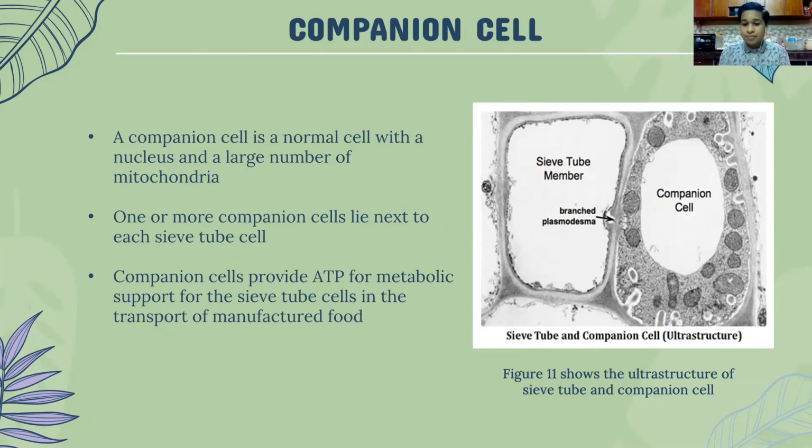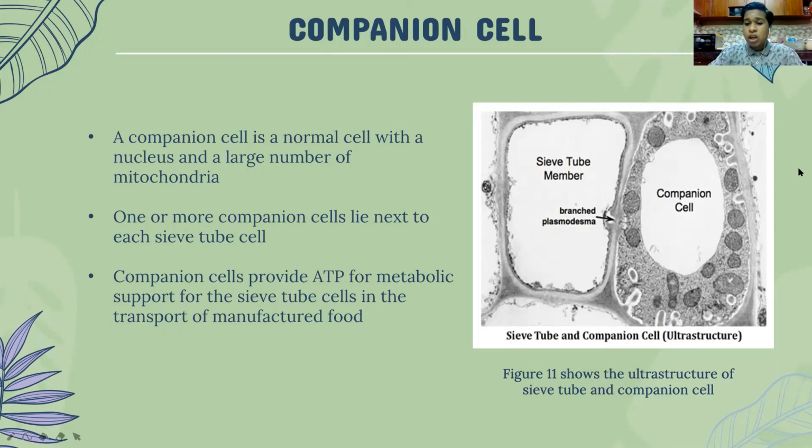As you can see here, figure 11 shows the ultrastructure of a sieve tube and companion cells. The companion cells have a lot of mitochondria, and the mitochondria will produce energy, since mitochondria is the powerhouse of a cell.